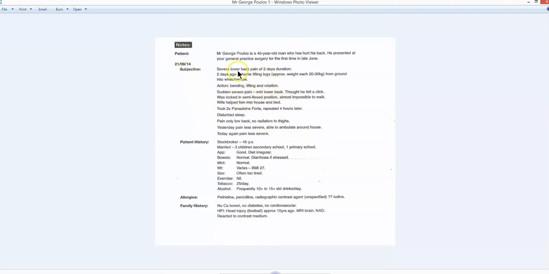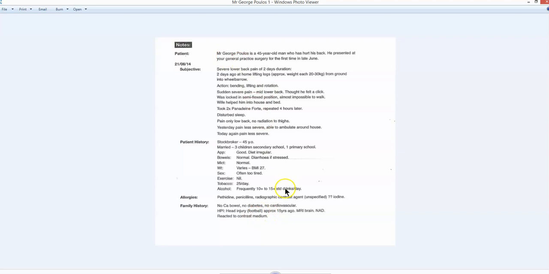The first one, he injured his back lifting weights from the ground. Okay, blah, blah, blah. We don't need any of this. Don't need this for sex or drink. We don't need that at all. Don't need that either. Well, maybe the contrast agent, yeah, because if he's having an MRI, so, okay. But we don't really need any of this stuff.